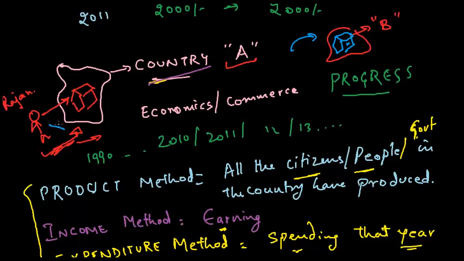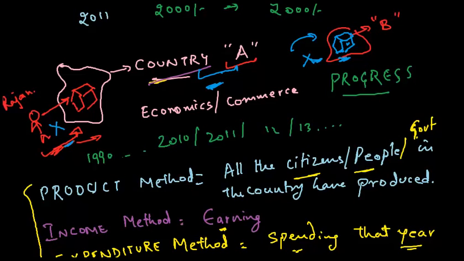He is no longer producing here, so it will not be counted. The GDP of country A will not increase, as the products are being manufactured in country B.